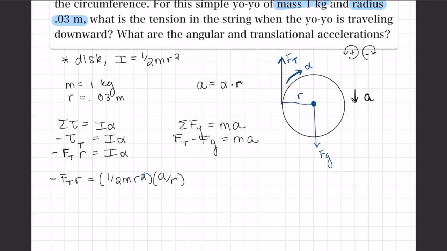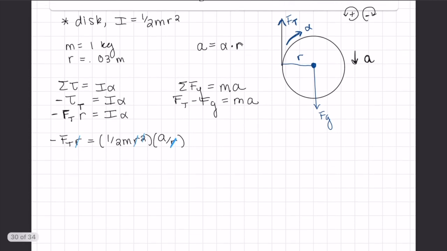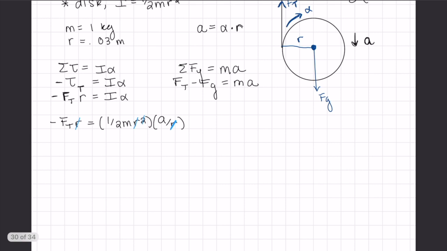One of the r's will cancel from the r that's dividing the acceleration, and one from the r that's multiplying the force. And we get negative Ft equals 1/2 m times a. I'll move that negative sign to the other side. That's pretty much all we can do at this point.